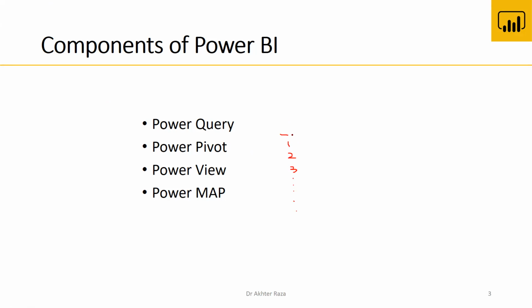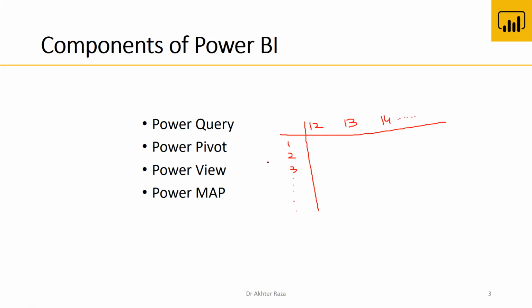The data of the multiple companies is given to us for 2012, 2013, 2014, and so on. So suppose we have two-dimensional data in this way, we can unpivot this data with the help of Power Pivot.